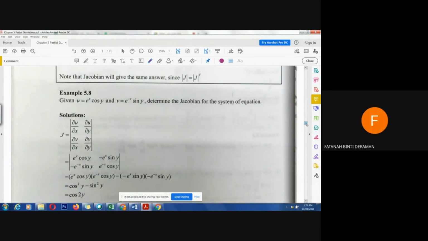given that u equals e^x cos y, and v equals this function, determine the Jacobian of the function. So how many functions do we have? We have two variables, meaning there is S1 and S2. If I define x1 equals x and x2 equals y, then it is going to be like this.